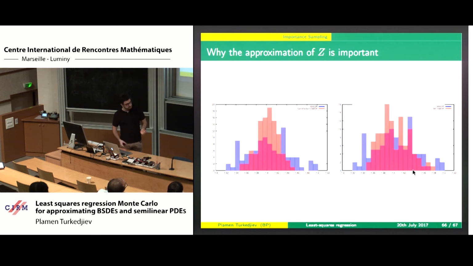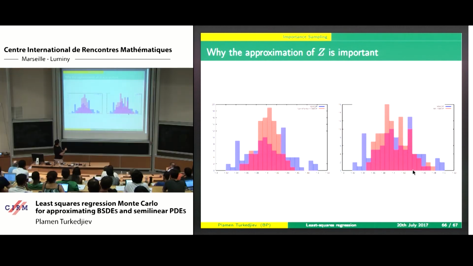But still, when we implemented it, what we got is some very nice evidence of significant variance reduction. So the red histogram is just a plot of computations using several, like 100 runs of the importance sampling algorithm, whereas the blue histogram doesn't use the importance sampling.